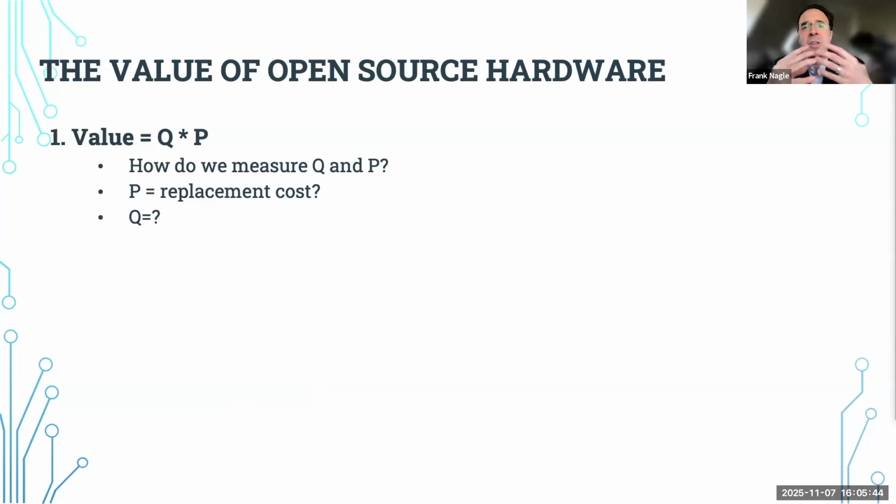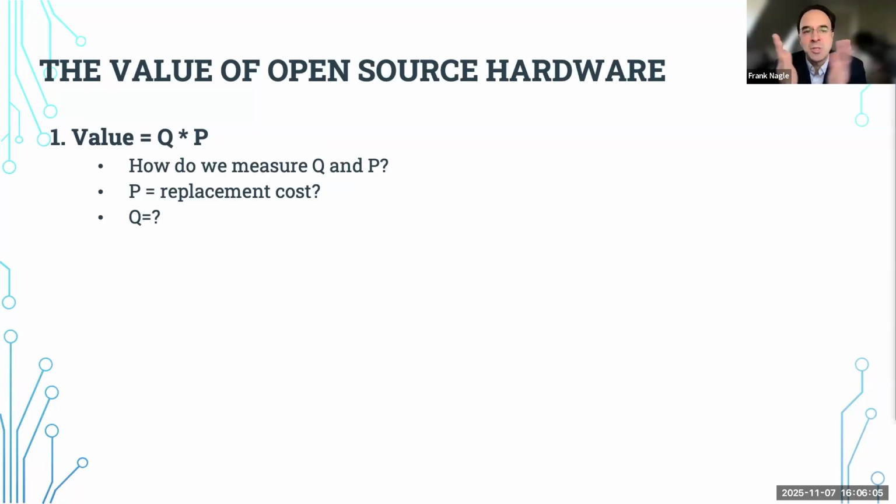And then finally, thinking about the value of open source hardware, it's the same problem we wrestle with in software, right? How do we measure Q and P? It may be a tad easier here, actually, because there are plenty of replacement cost possibilities, thinking about the non-open versions and various things like that.